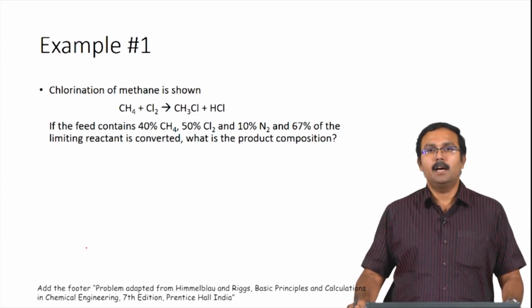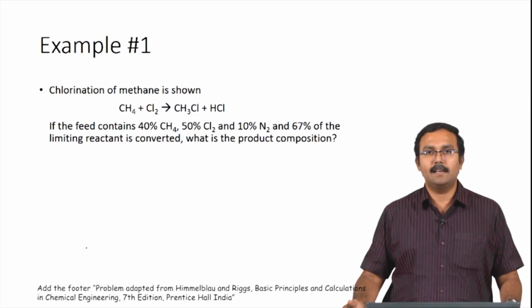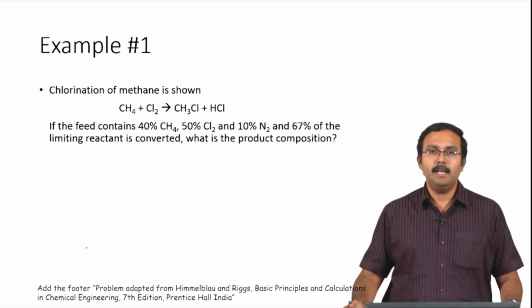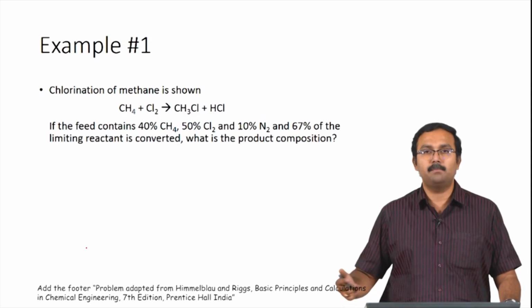If you remember, I had mentioned in one of the earlier lectures that in general mass percentages are used for solids and liquids and mole percentages are used for gases. Here the composition given is for a gas, which means the percentages are mole percentages, and thereby we use 100 moles as the basis instead of a mass based basis.